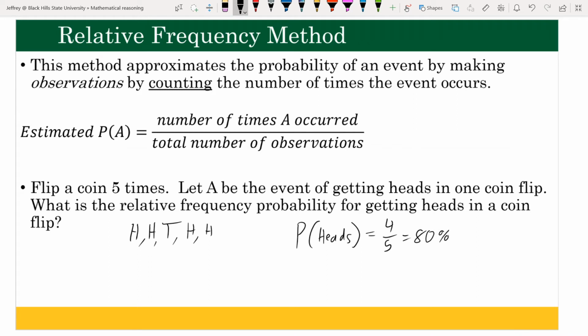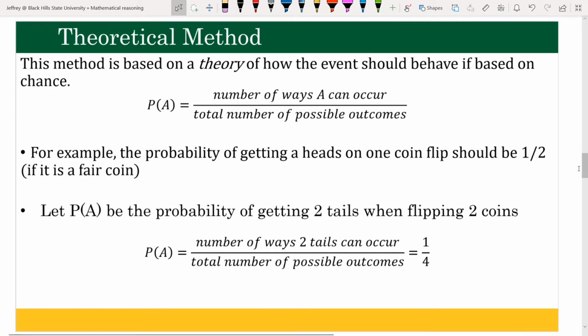Now, of course, this isn't quite what we expect to happen. In fact, we would guess that this probability would be closer to 50%. That 50% comes from the theoretical method. The theoretical method is looking at the number of possible ways an event can occur and dividing by the total number of possible outcomes. This isn't where you actually repeat a procedure over and over again.